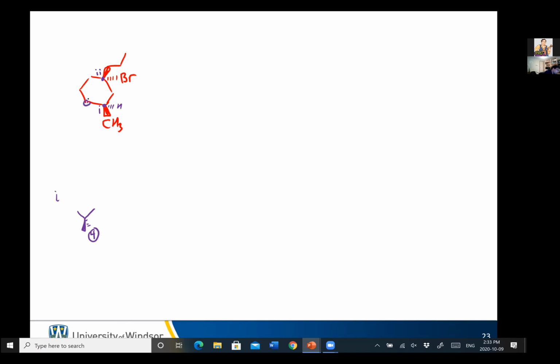This carbon here, the heaviest thing it's attached to is a carbon. This carbon here, the heaviest thing it's attached to is a carbon. This carbon here, the heaviest thing it's attached to is a hydrogen. Hydrogen is lighter than carbon. So at this point, this guy falls out of the race.